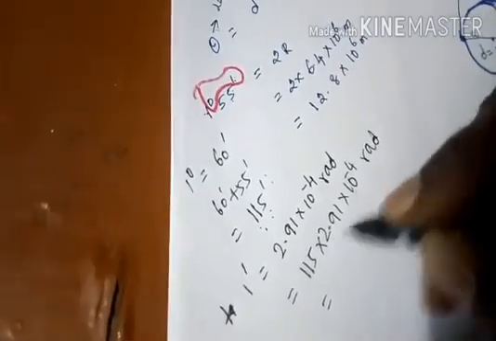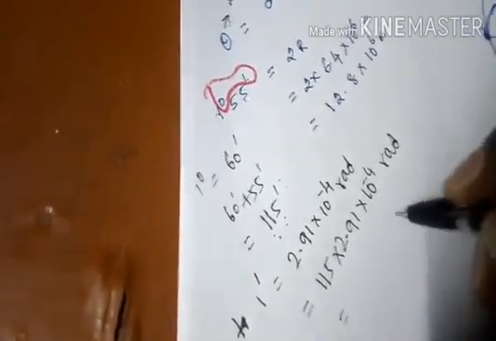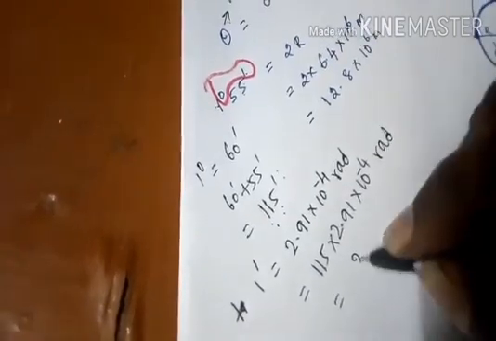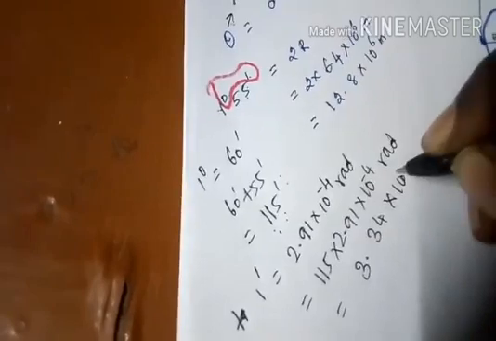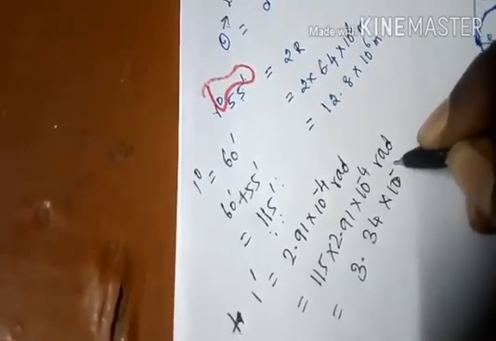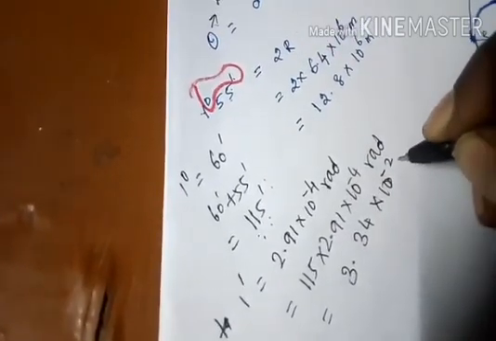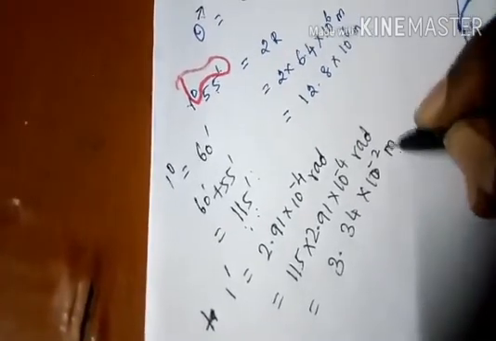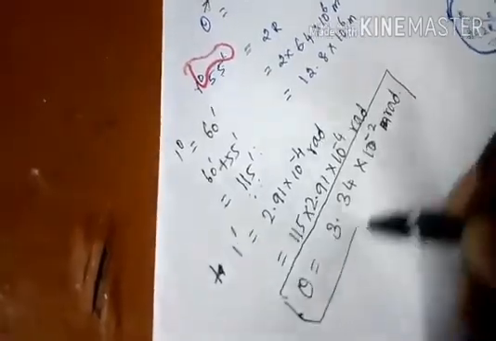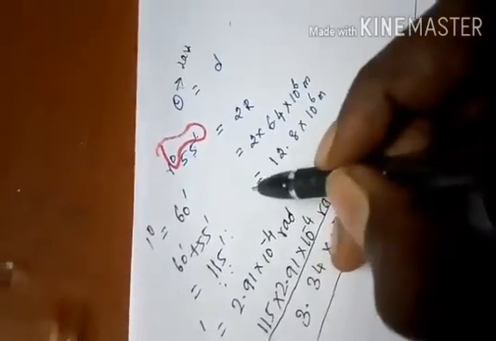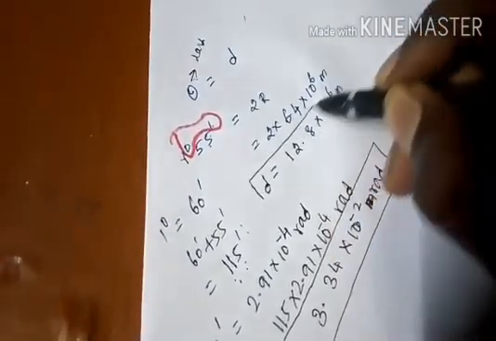If we multiply, finally we will get the result as 3.34 into 10 power minus 2 radian. This is theta value, and this is the d value, the diameter value.